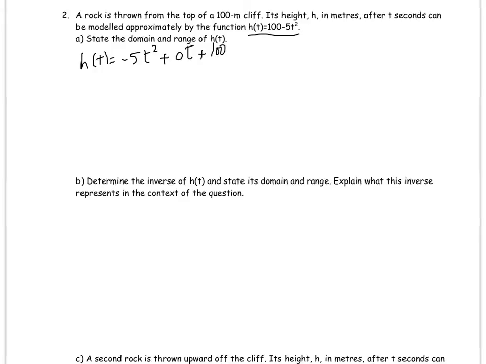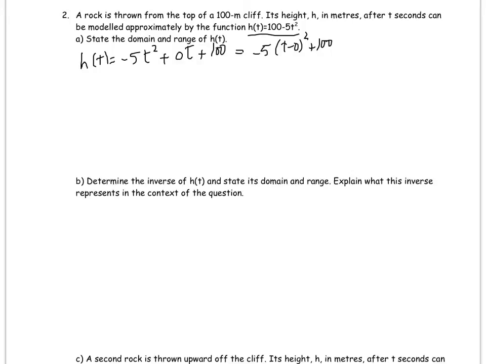Now, if you look at this one, then I can write this as minus 5 (t minus 0) squared plus 100, because t minus 0 is going to give me t.